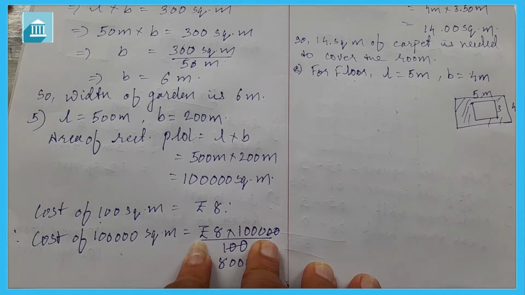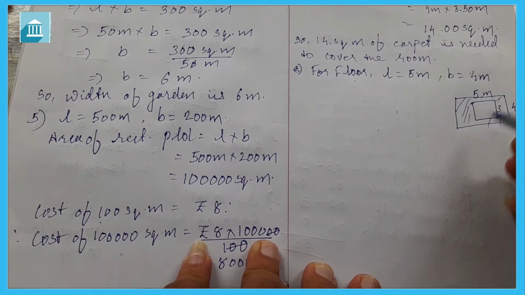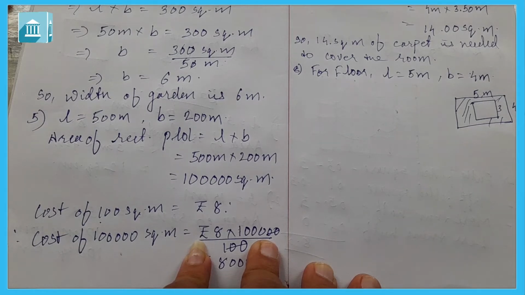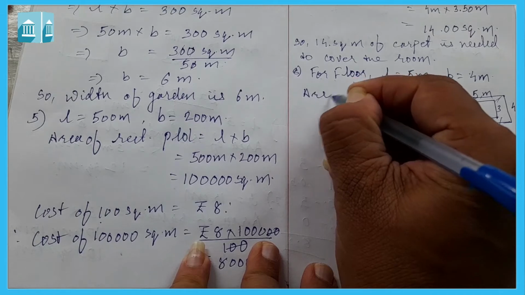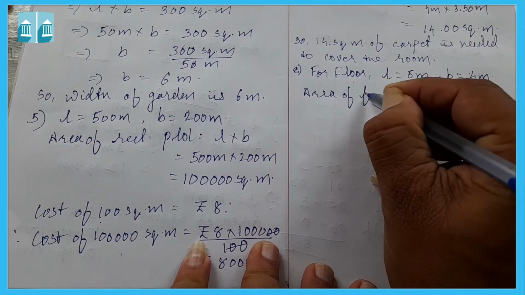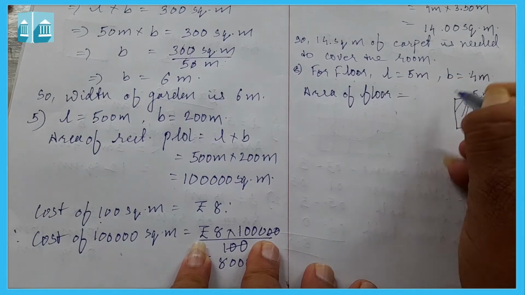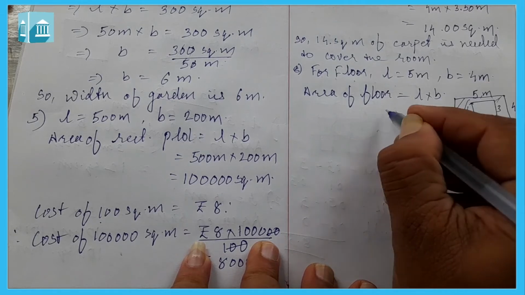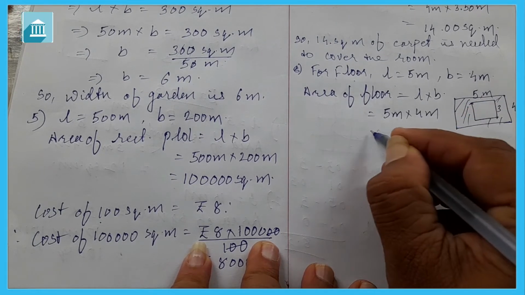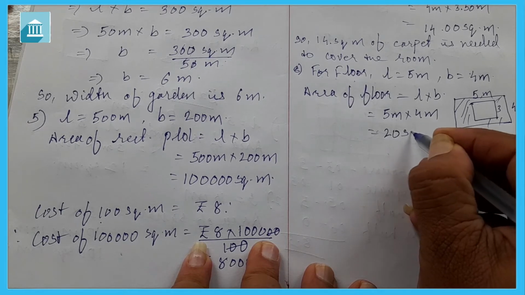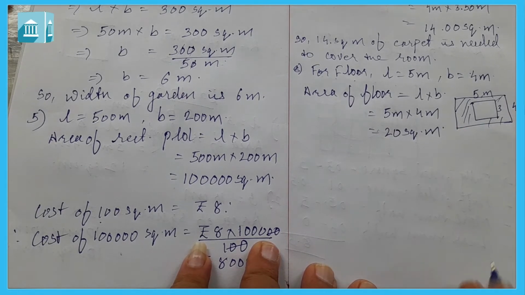So first we will find out the area of rectangle, then we will find out the area of square, and then the remaining area. So we can say that area of floor is equal to L into B, which is equal to 5 meter into 4 meter, which is equal to 20 square meter.